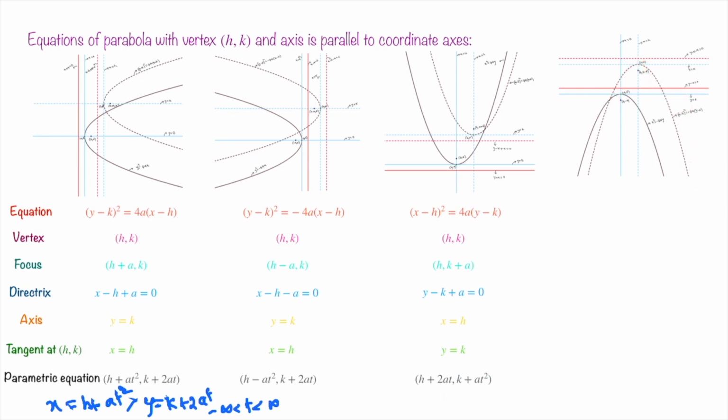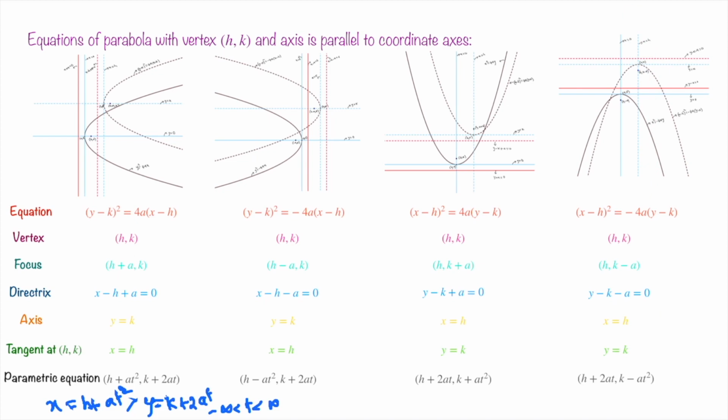This is the parabola whose equation is the transformed equation of x square equal to minus 4ay when the vertex (0, 0) is shifted to (h, k). Here the equation is (x minus h) whole square equal to minus 4a times (y minus k). The vertex is (h, k) and the focus is (h, k minus a). The directrix is y minus k minus a equal to 0, a horizontal line, and the axis is the vertical line x equal to h.